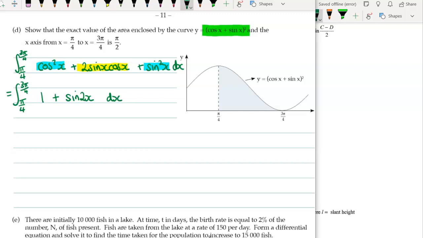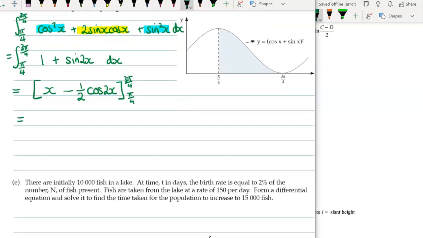Okay, those two things we can now integrate. So 1 becomes x. Sine integrates to negative cos. And we will divide by the derivative inside because we're doing reverse chain rule. Then we will substitute in our limits, like so. Okay, now let's put those in.